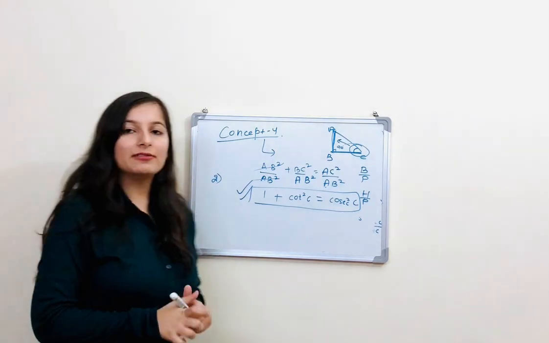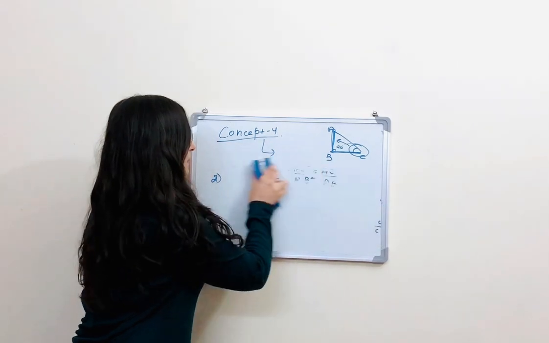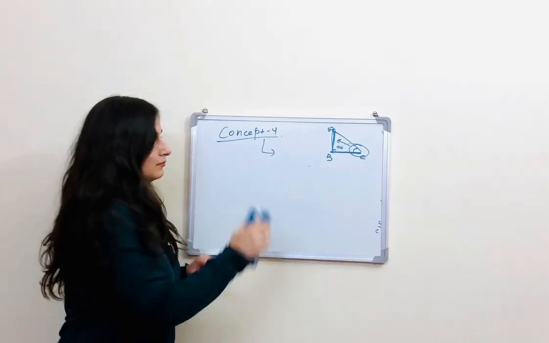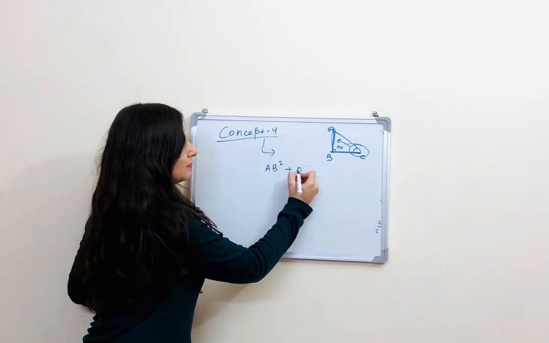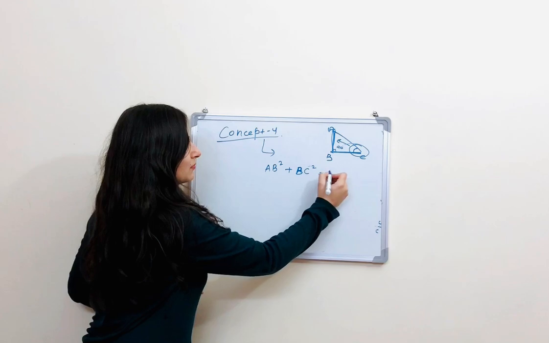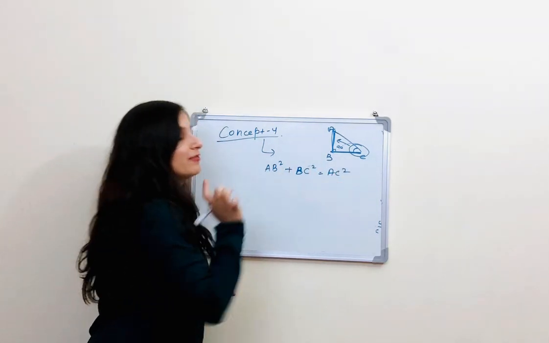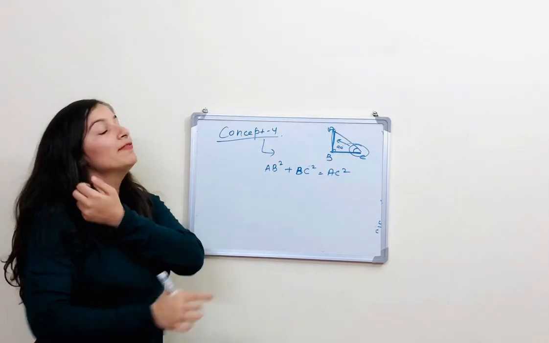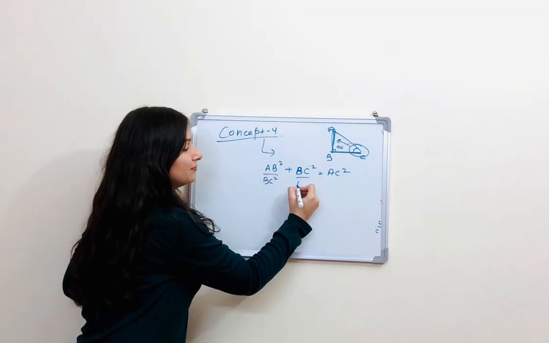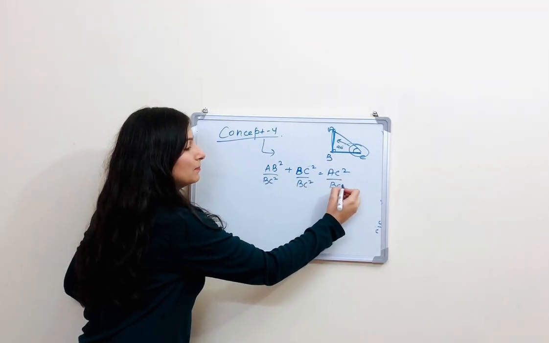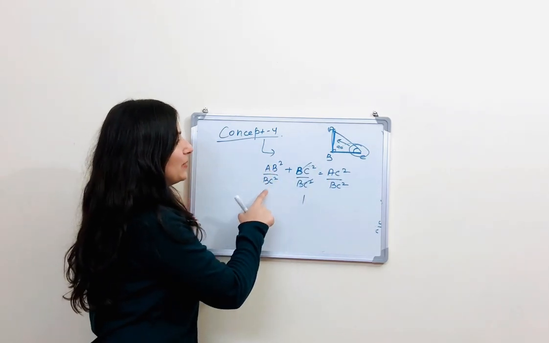Now, third one. Again, using the Pythagoras theorem. Out of these three, we have already divided this equation with AC square and AB square. We are only left with BC square. Let's divide everything by BC square. So this is obviously 1, and let's check AB and BC.